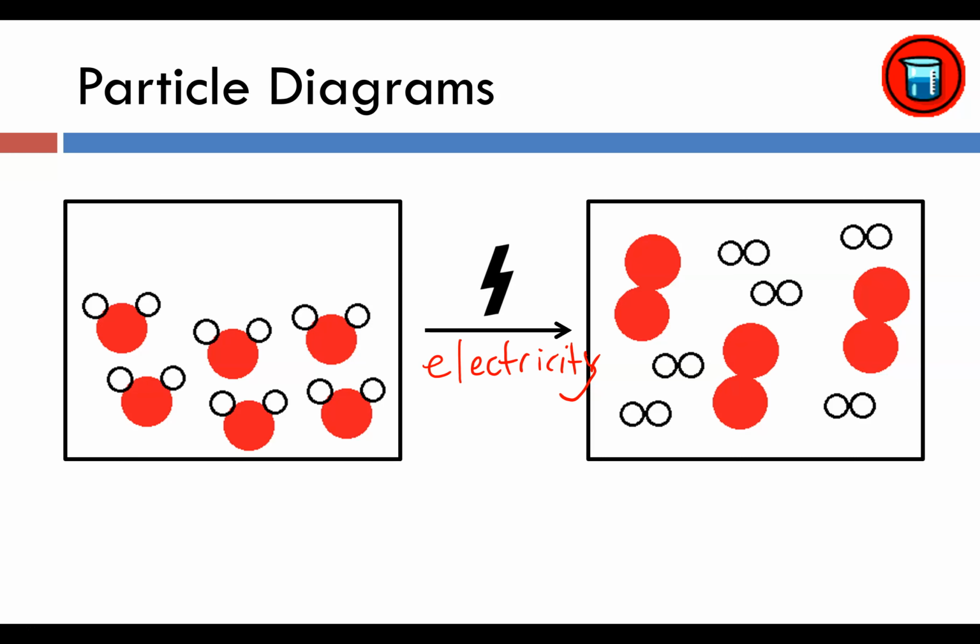This process is known as electrolysis, where we take electricity and use it to break a compound back up into its elements so we can create oxygen gas, which would be those guys right there, the red ones, and hydrogen gas, the little diatomic molecules with the white circles.